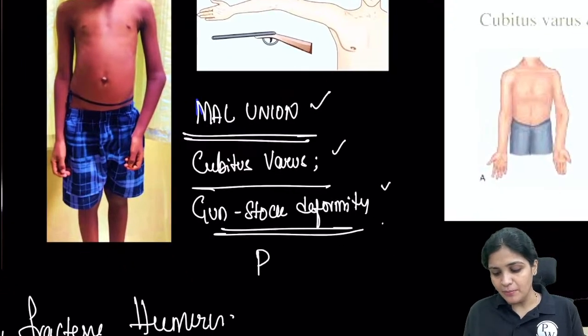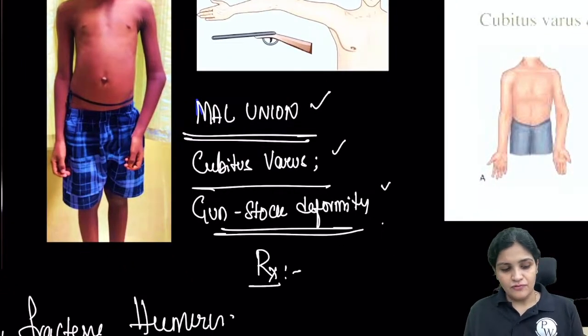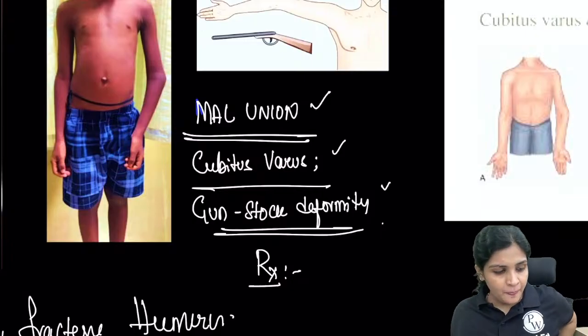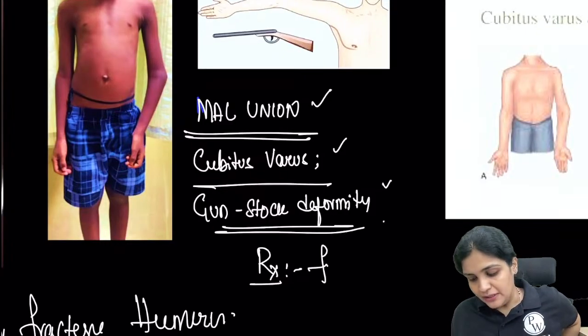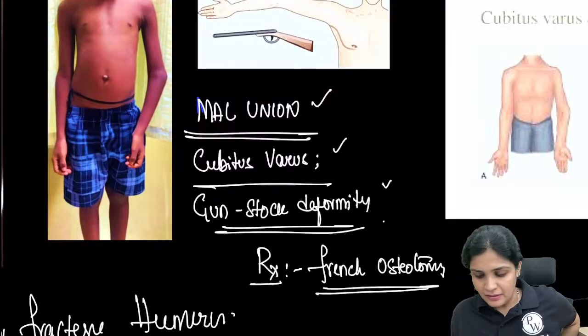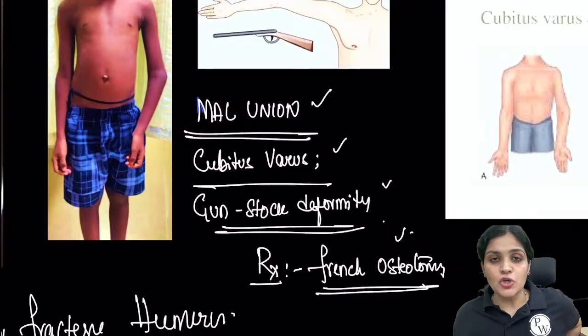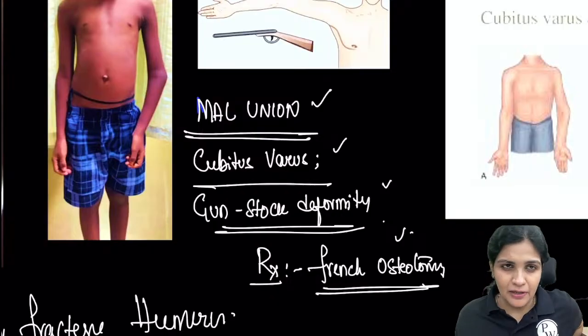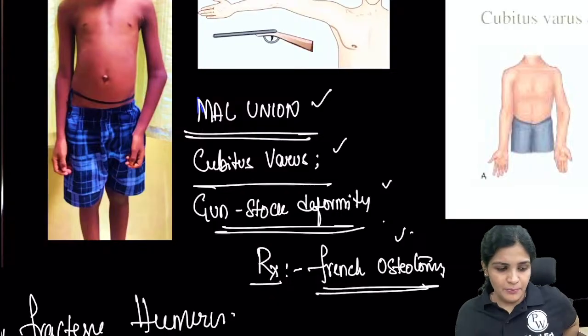So what is the treatment for malunion? Osteotomy. The name given to this is the French osteotomy. Just remember the name, that will be enough for this.